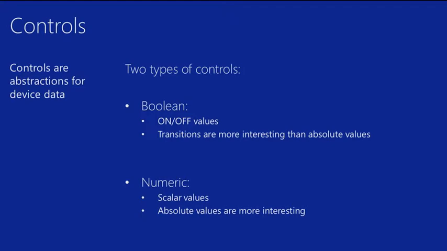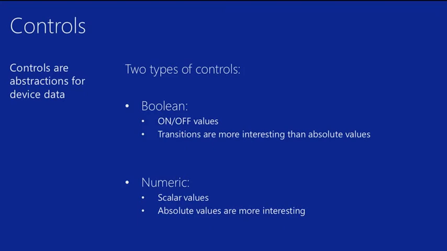In other words, if you want to view the data in a different fashion, in the fashion of controls, this is what you would use. So we have two specific controls that we expose in our API, and they are called Boolean controls and numeric controls. As the name suggests, Boolean just means that the data usually represents an on-off value or a Boolean value.